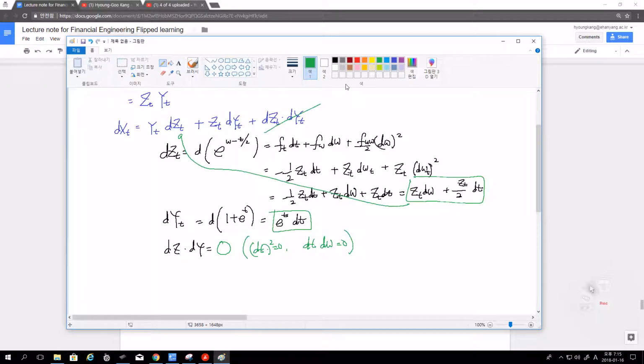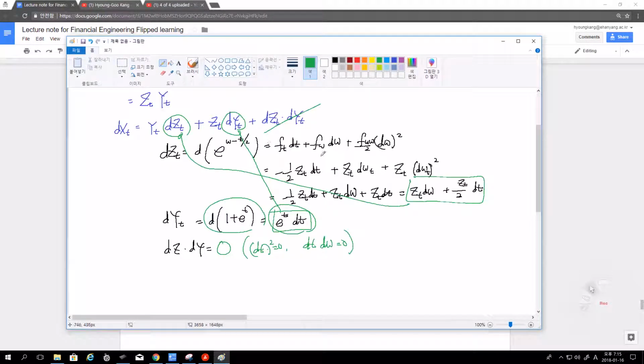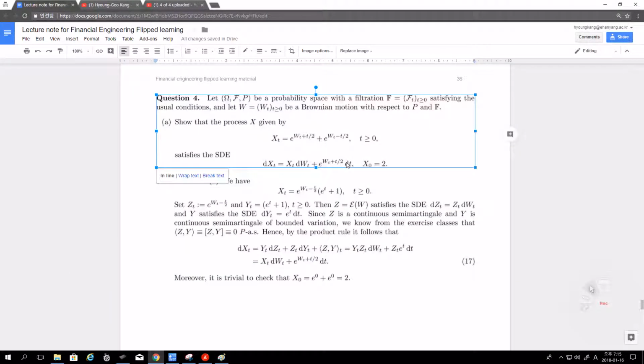And this is gone. And then you can plug this one, actually, plug this one over here, and then you can clean up. Then we will have this equation. Zx, let me see. Yes, it should be something like this. So we are done. Okay. So this is a proof.